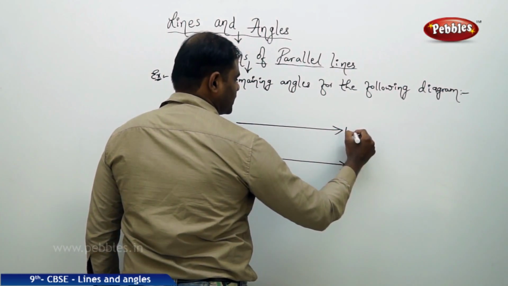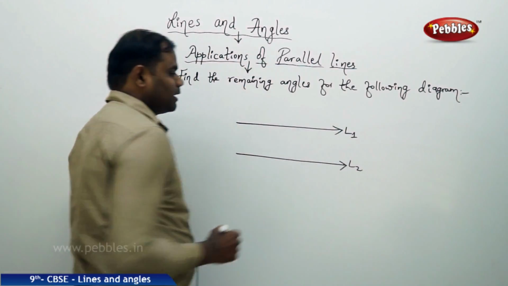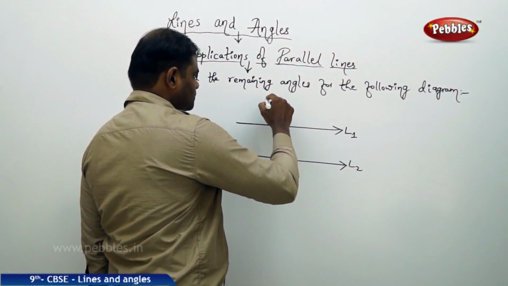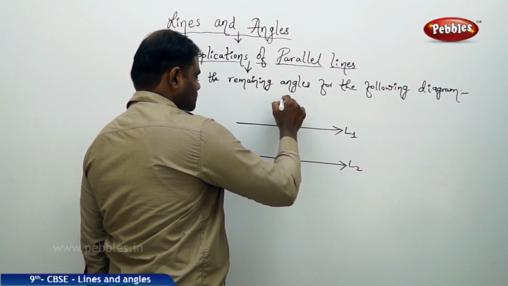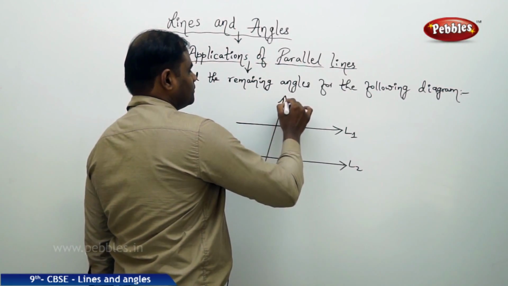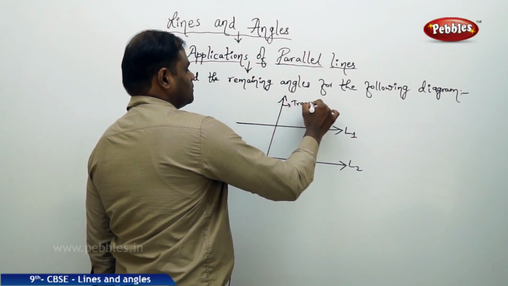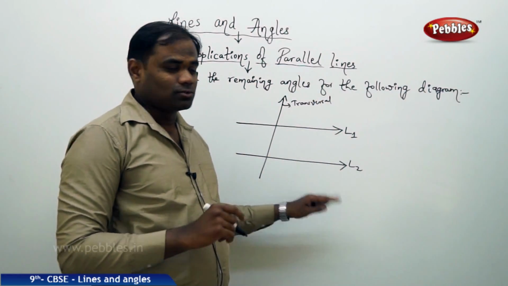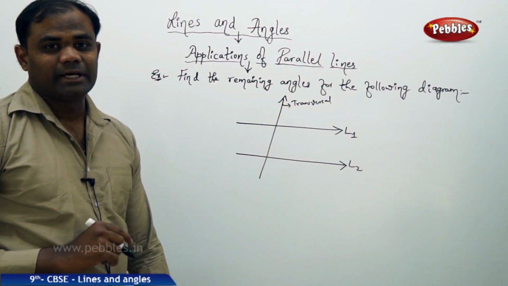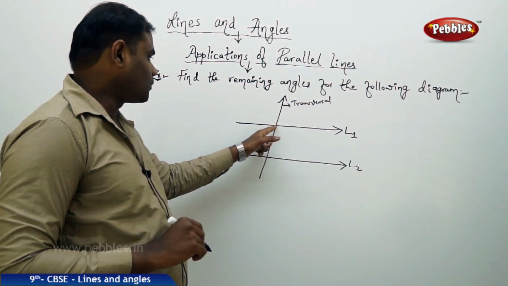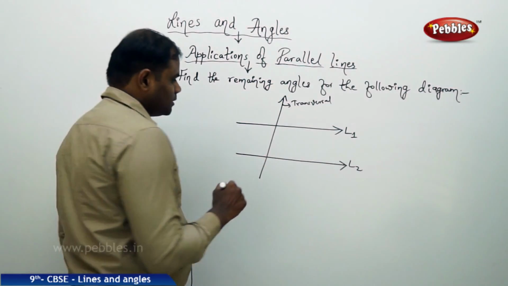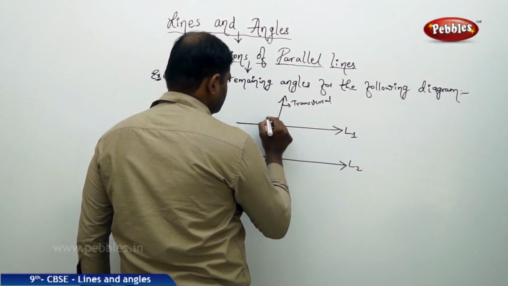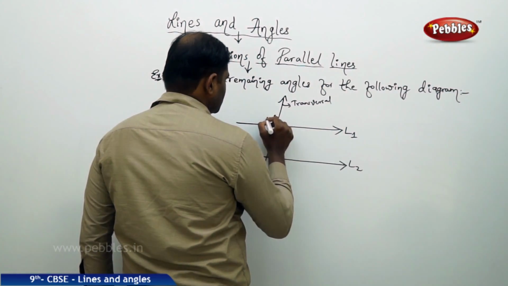Say there are two lines L1 and L2 which are parallel to each other. And say I have a transversal which is given in the problem. Now with the given lines L1 and L2 and the transversal which cuts the lines L1 and L2 at two distinct points, let me say I have an angle out here which is given to be 110.